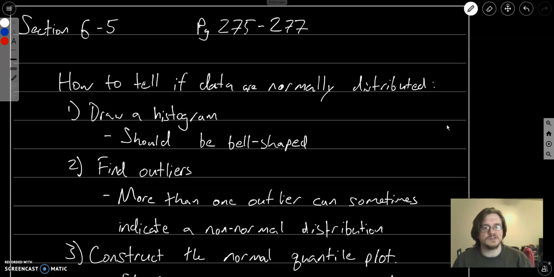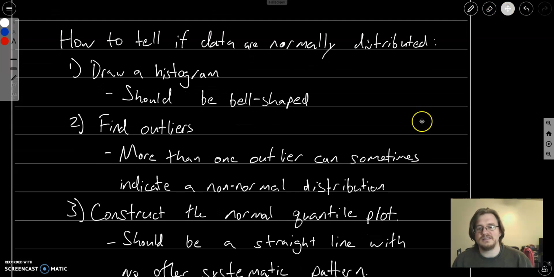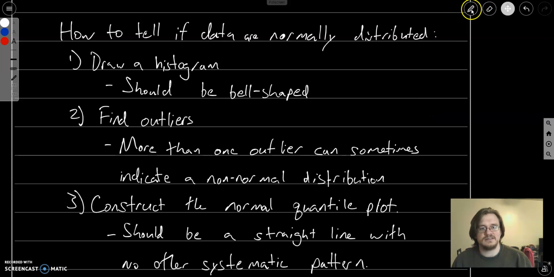But for starters, data that are normally distributed should be bell-shaped. So if we draw a histogram, we should notice that around the mean, we should have lots of values, and as we get further and further away, we should have fewer and fewer values.